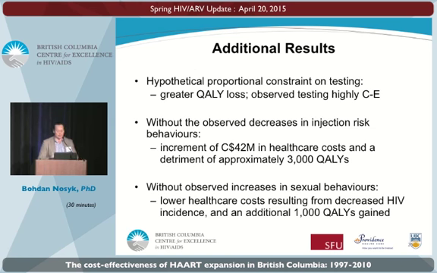We would have seen lower healthcare costs and avoided an additional loss of 1,000 qualities. So it's a bit of a mixed bag in that respect. We're grateful to see reductions in injection risk behaviors, but it was unfortunate to see the increase in sexual risk behaviors. So it gives us an idea of what we need to focus on in the future.